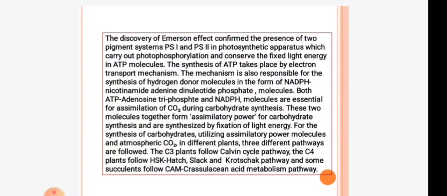The discovery of the Emerson effect confirmed the presence of two pigment systems, PS I and PS II, in the photosynthetic apparatus, which carry out photophosphorylation and conserve the fixed light energy in ATP molecules.